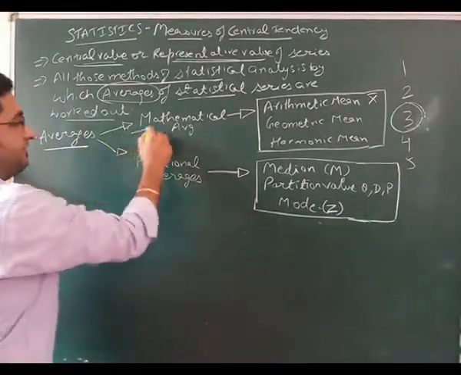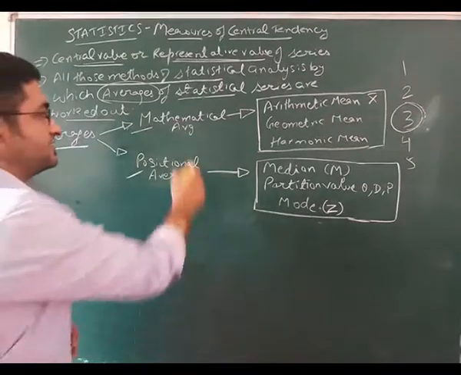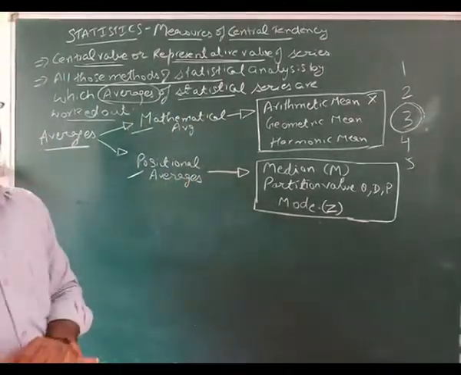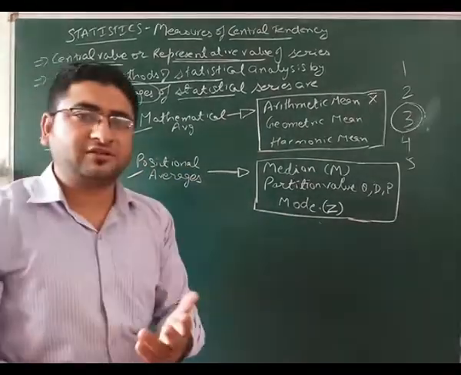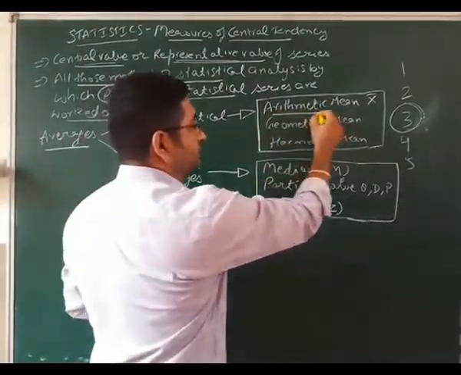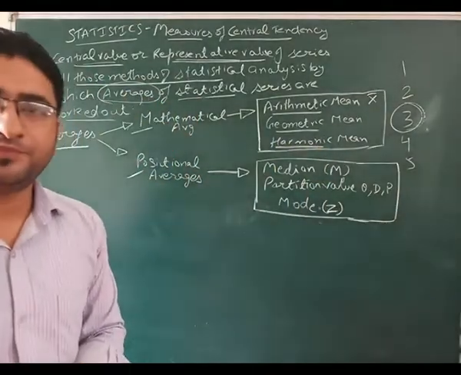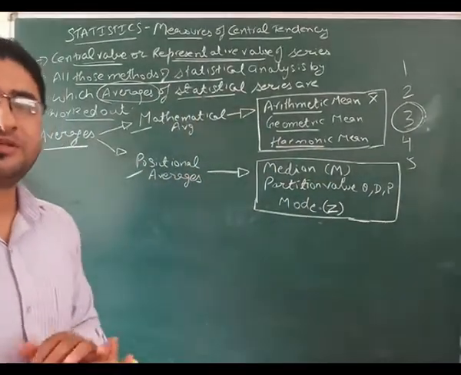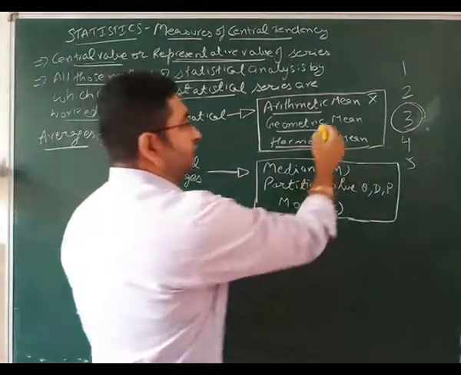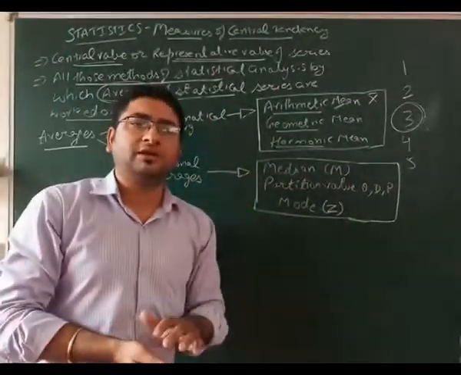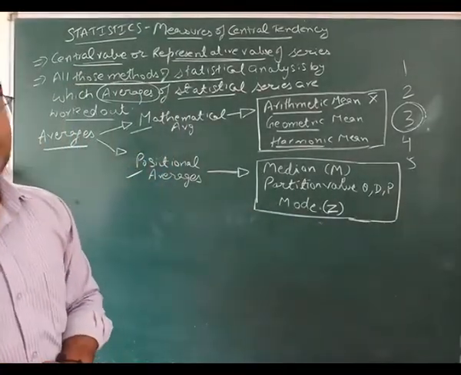Averages can be divided into two types, that is mathematical average or the positional average. Under mathematical average we have three things, that is arithmetic mean, geometric mean and harmonic mean. If we talk of the syllabus for +1, then we only have arithmetic mean. Geometric and harmonic mean you will study in higher classes.